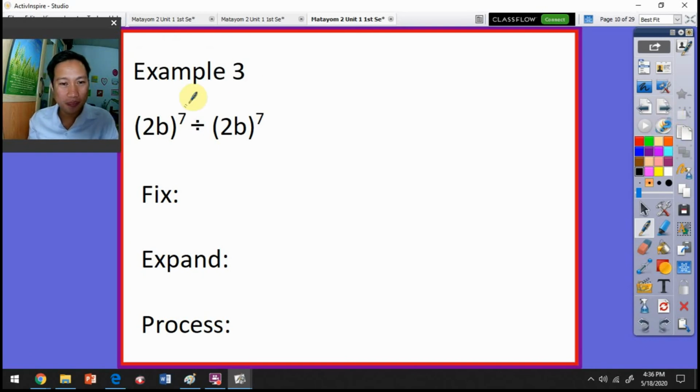Maybe you can see that they have the same base, and we divide them.